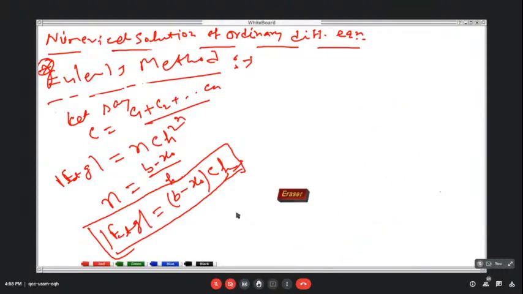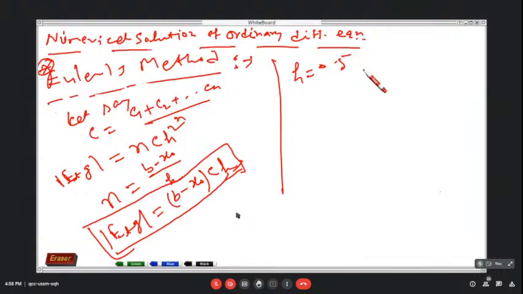Because h is given, h is 0.5. The actual problem was h is equal to 0.5, right? And other things are also given, right? y prime is equal to 3x square plus 1, y1 is equal to 2. These all are given, right?